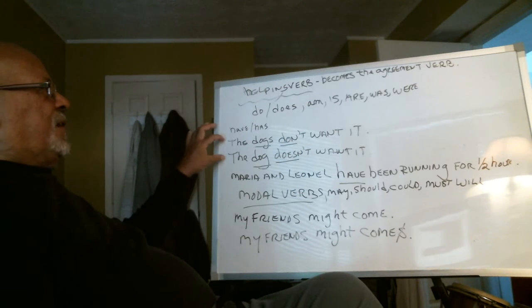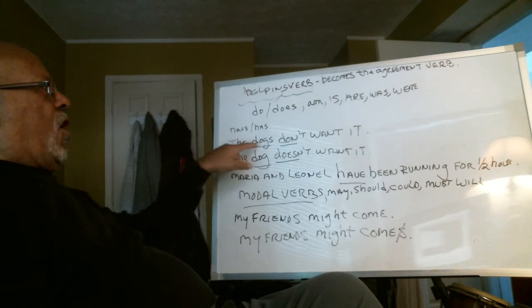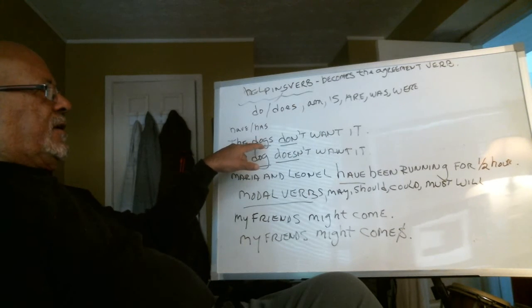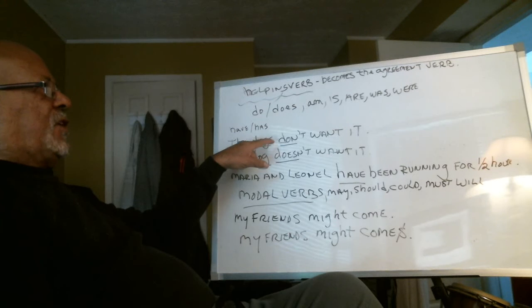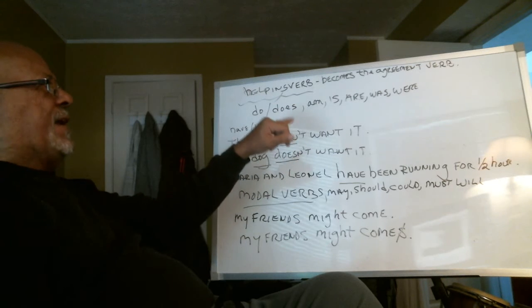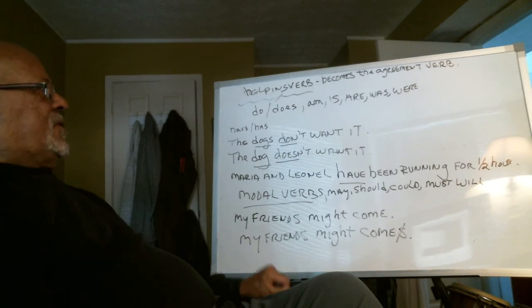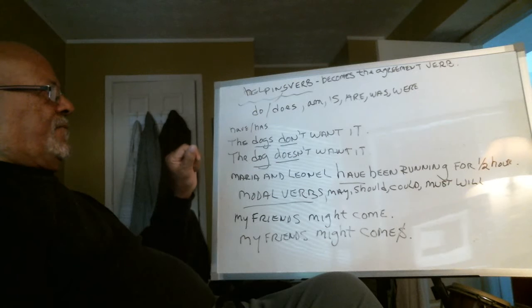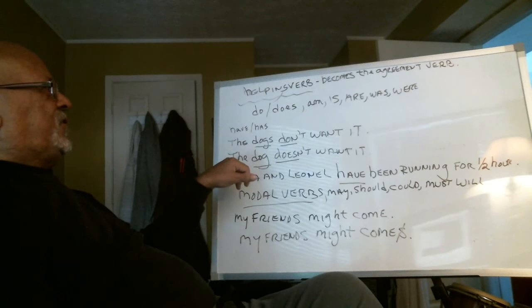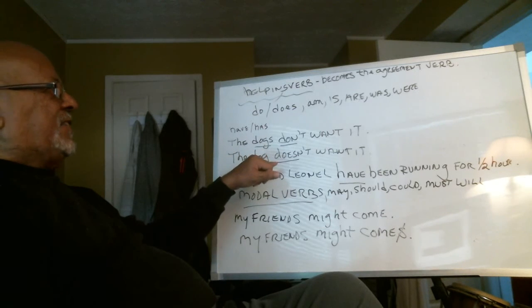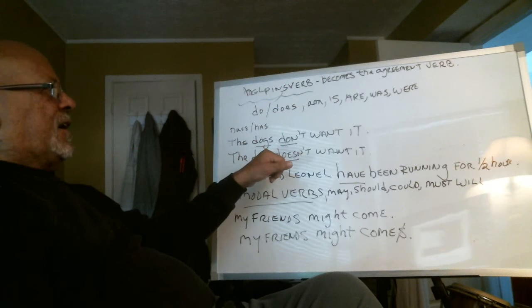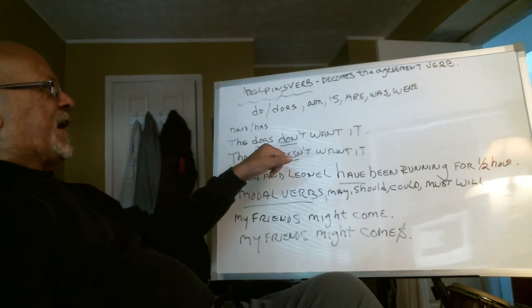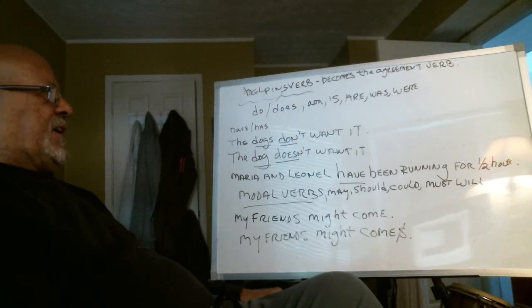Again, when the subject is plural, the dogs, more than one dog, the verb is don't. In this sentence, the dogs don't want it. When the subject is singular, then you would say the dog doesn't, negative contraction, doesn't want it.